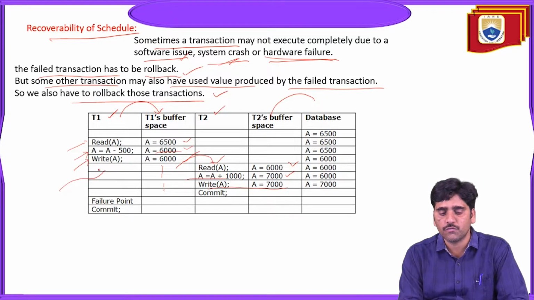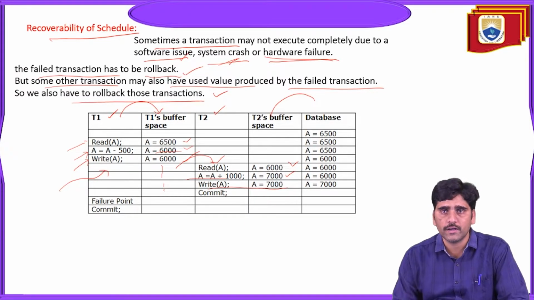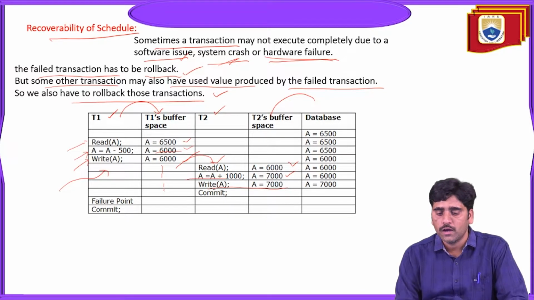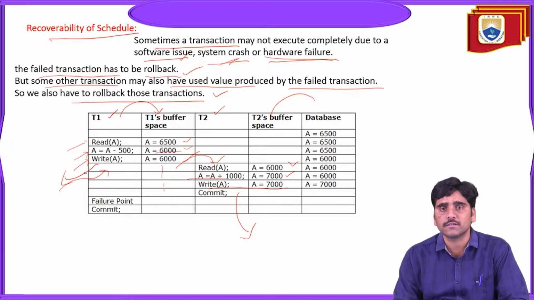In transaction 1, we have done the update, debiting 500 rupees from 6500, but it is not committed. Transaction 2, after crediting 1000 rupees and performing the write operation, is committed. So this one is a committed transaction, and this one is not committed.